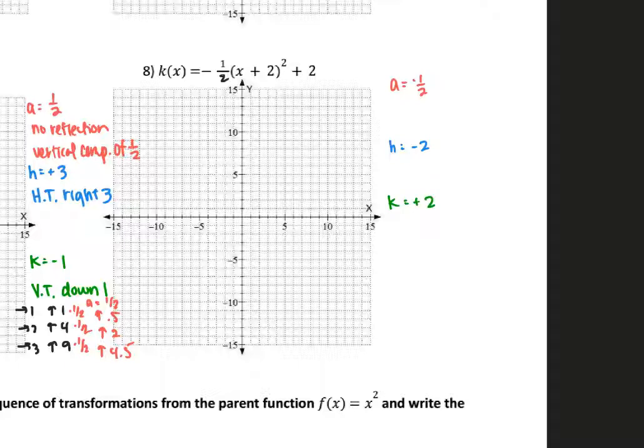So A tells us two things. Since it's negative, that means there is a reflection. And because it's 1/2, comparing that to our parent function of 1, it's less than 1, which tells me that there is a vertical compression of 1/2.